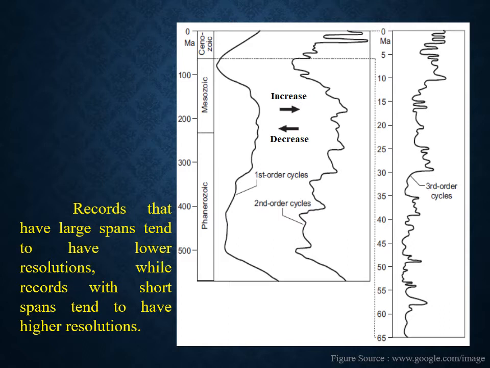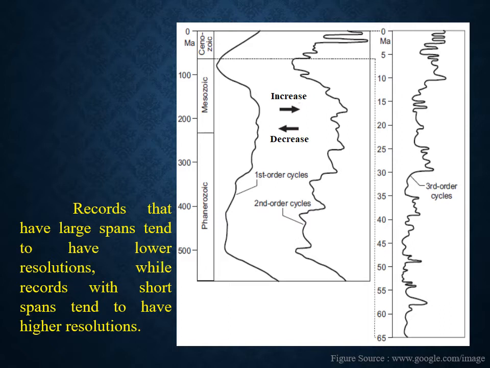Not only the span of the proxies, as we already discussed, the different proxies have different resolutions also. So some proxies give us records that have a large span of time. Say for example, here you can see one proxy giving us the record of the temperature for the entire Phanerozoic time.